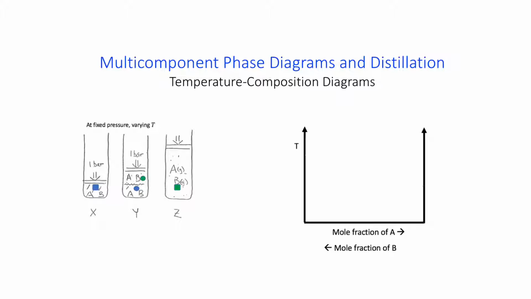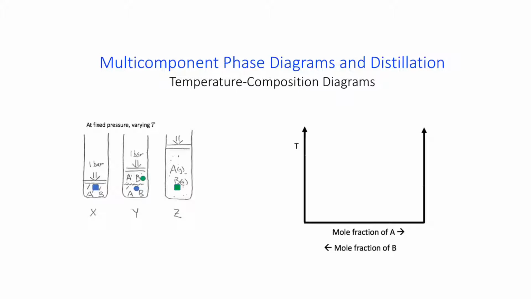Over here, we can look at a breakdown of what the process we're interested in is going to be. Okay, so here we start off with a mixture of liquid A and B, of some given composition.